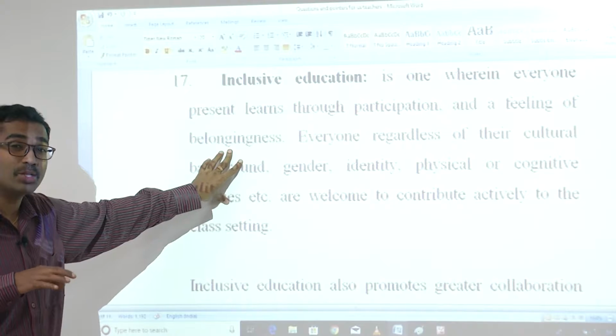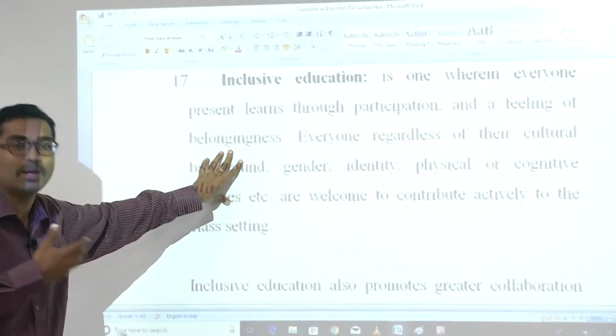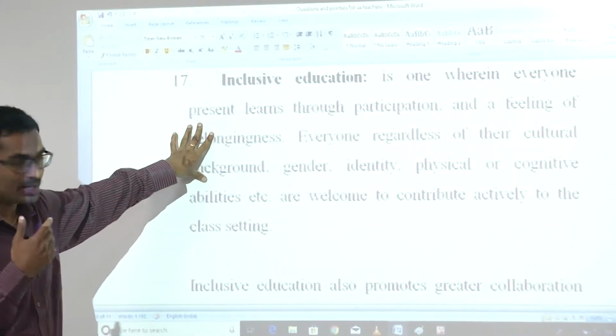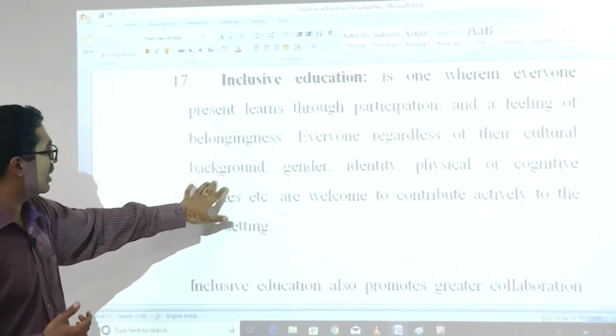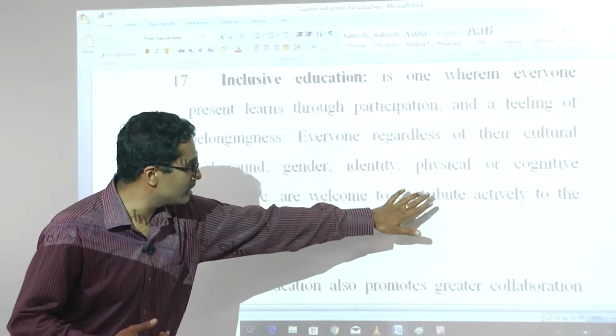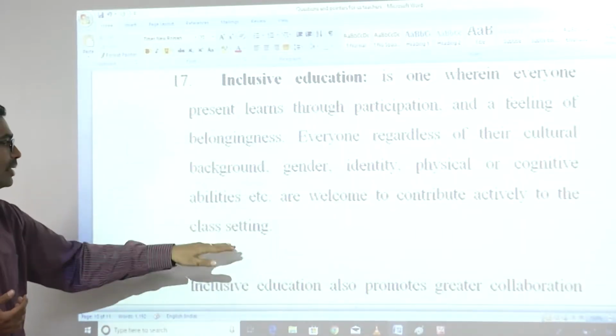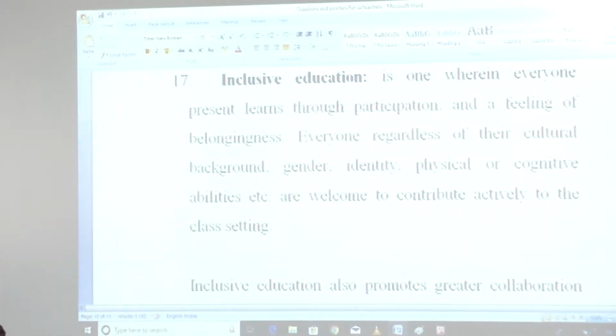There's a lot of evidence that students learn best when they feel like they belong to the educational setting. So everyone, regardless of who they are, regardless of, let's say, their cultural background, gender, identities of various sorts, physical or cognitive abilities, are welcome to contribute actively in a classroom setting. So such an educational environment would be considered an inclusive educational setting.